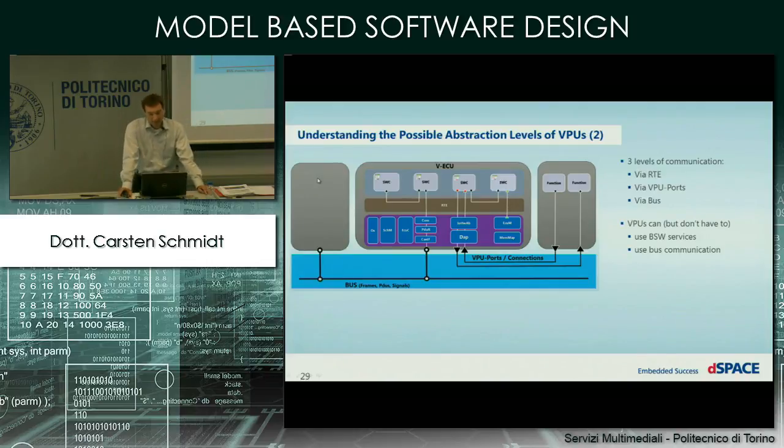And we have different abstraction levels, whether we use a pure functionality model without having any base software and so on, or we can have a much more complex ECU model where we have, for example, base software services like accessing NVRAM or having an ECU state manager, for example.